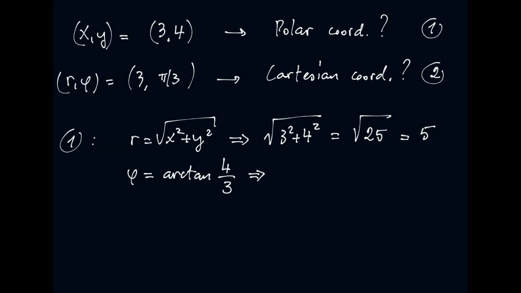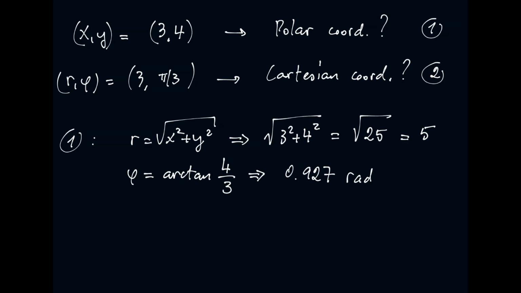And to be completely honest with you, I don't know how much this is, but I can probably ask my computer. What is the arctan of 4 over 3? It's 0.93 or 927, let's say. And this would be in radians.